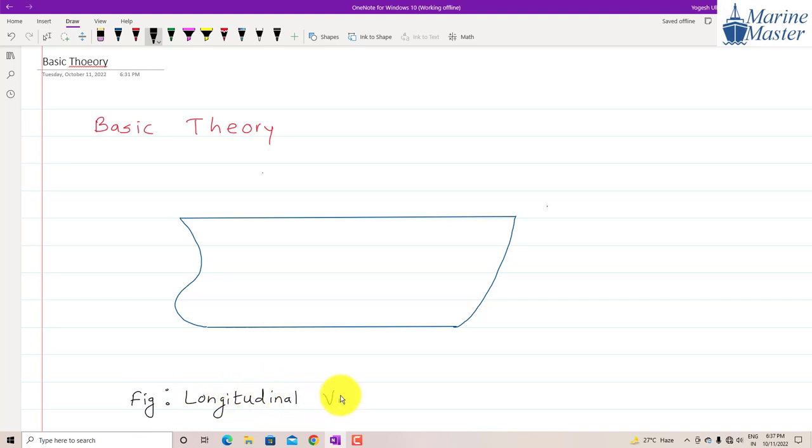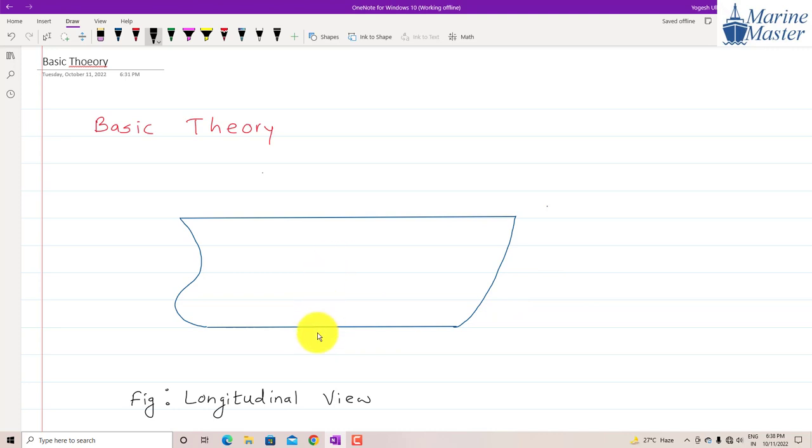What is the meaning of longitudinal view? In a ship there are a total of 3 directions. First one is along the length, that is the longitudinal direction. Along the width is the transverse direction, from port to starboard or starboard to port.